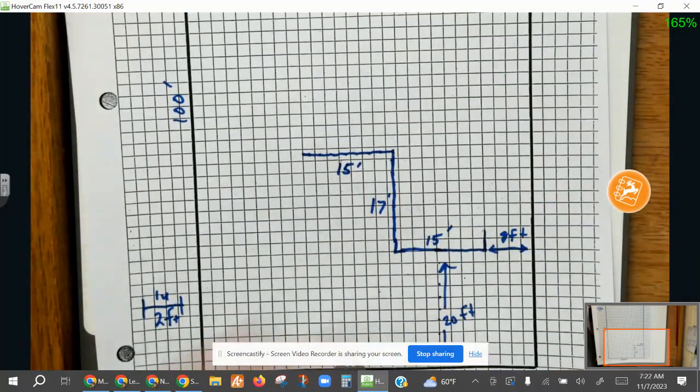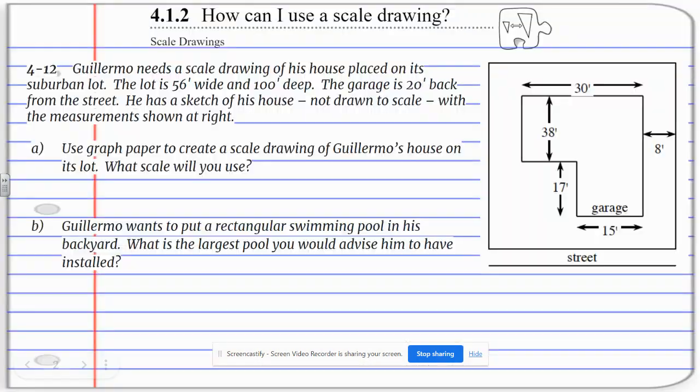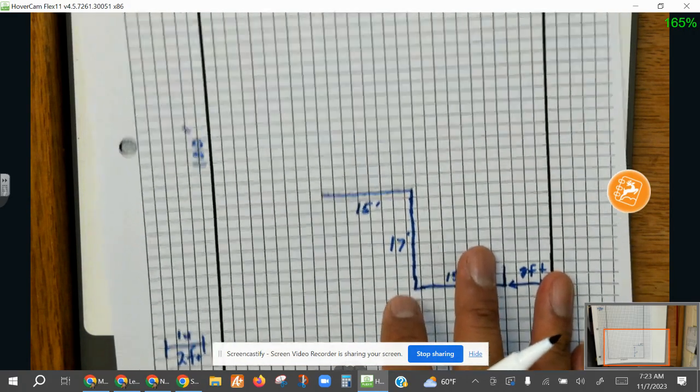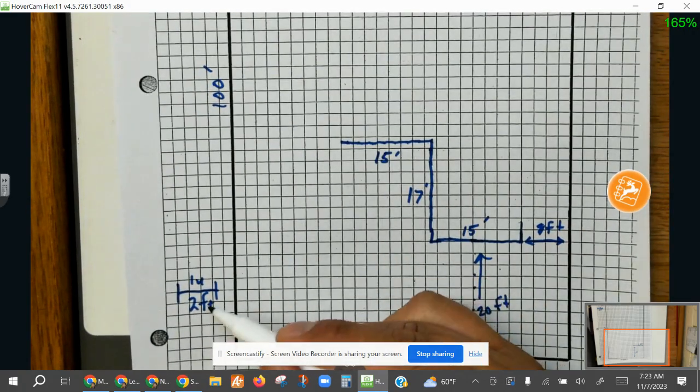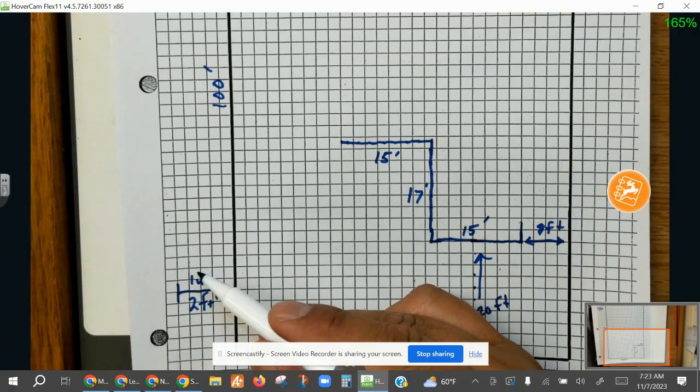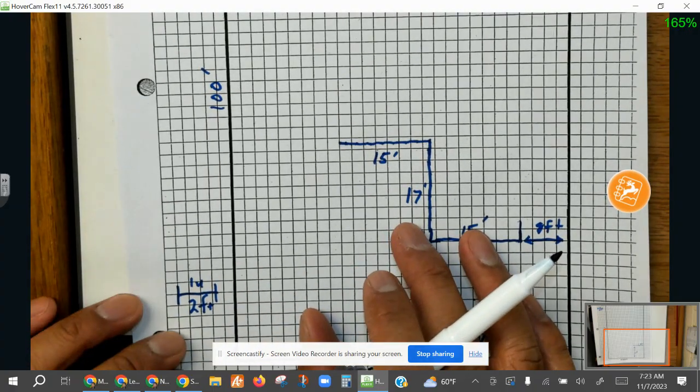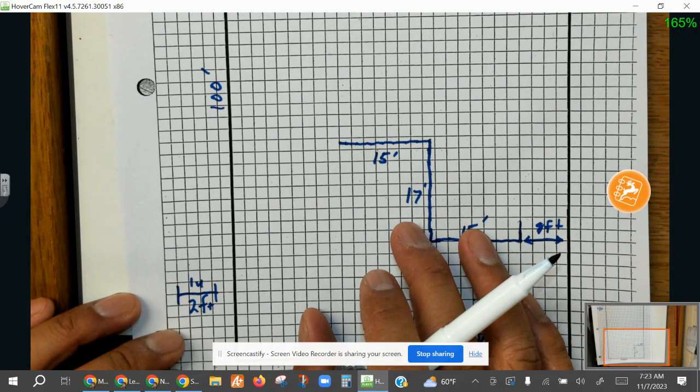And then we're going to look at the left side of the house. And the left side of the house is 38. All right, so how many units would that be? So 38 feet, you divide it by 2 to get the number of units, and that would be 19.